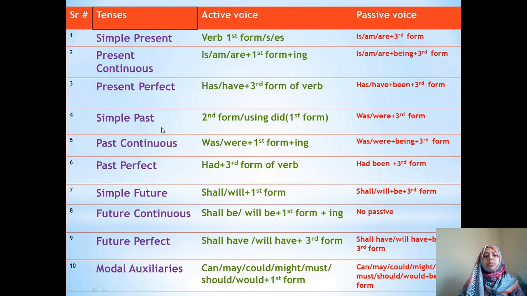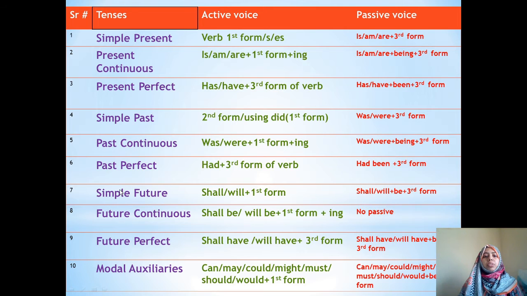Now come to simple past, second form, using did with first form. Whenever you use did, we always use first form with did. Now was, were plus third form of verb. Past continuous tense: was, were plus first form plus ing. Was, were being: we omit ing, use being with third form. Past perfect: had plus third form of verb; there, had been with third form of verb.